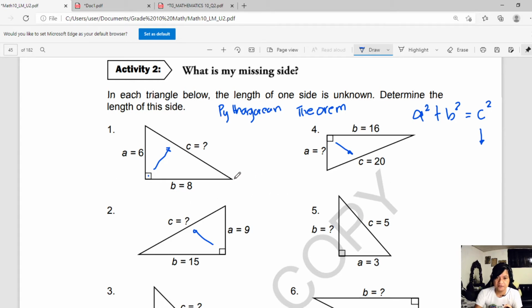So, let's have number 1. For number 1, a and b are given, so we apply the formula.